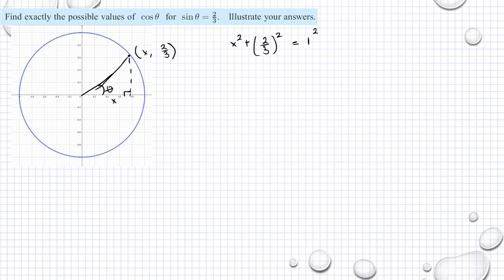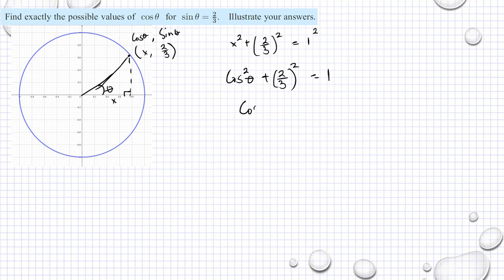If we put now our x here as cosine theta and our y as sine theta, cosine theta, the square of that, plus 2/3 squared is equal to 1.